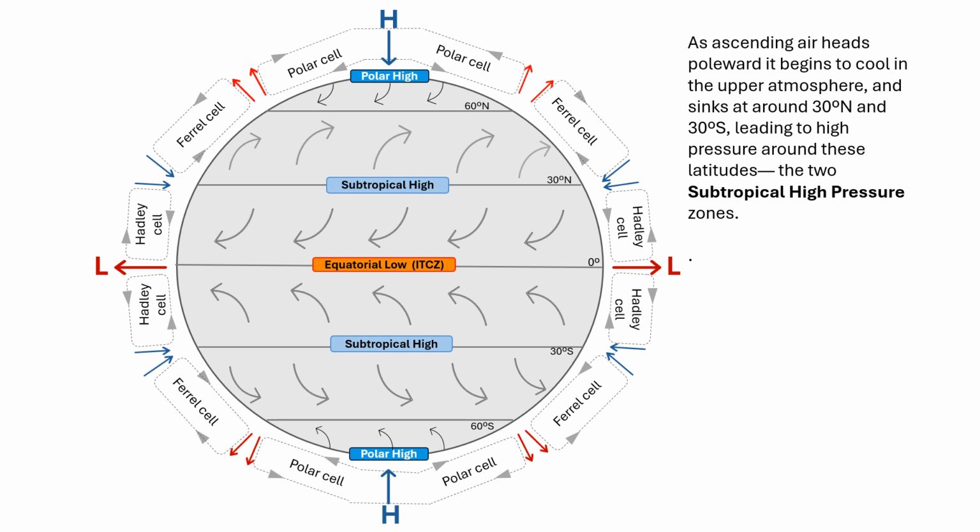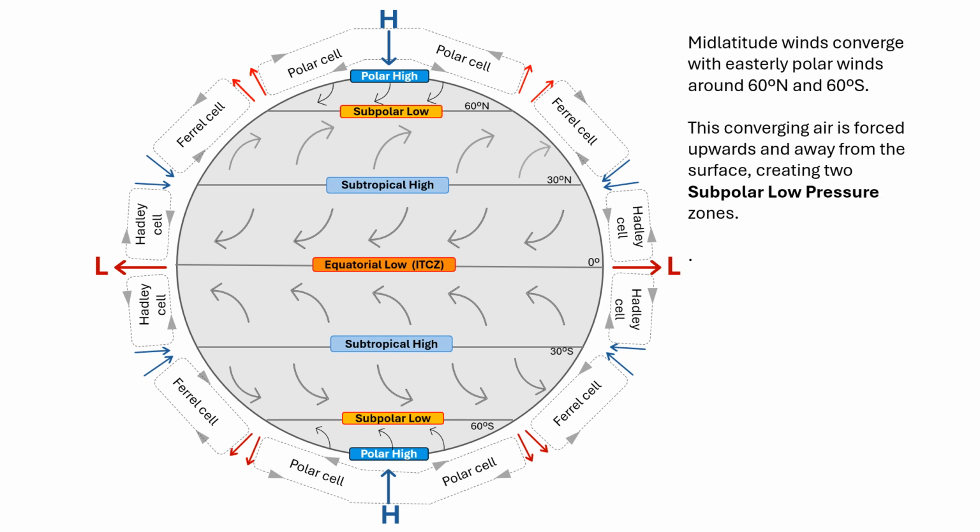Where those 2 cells meet, the Ferrel cell and the polar cell, at 60 degrees north and 60 degrees south, that area of air being forced upward is creating low pressure. We call that our polar low, our subpolar low.